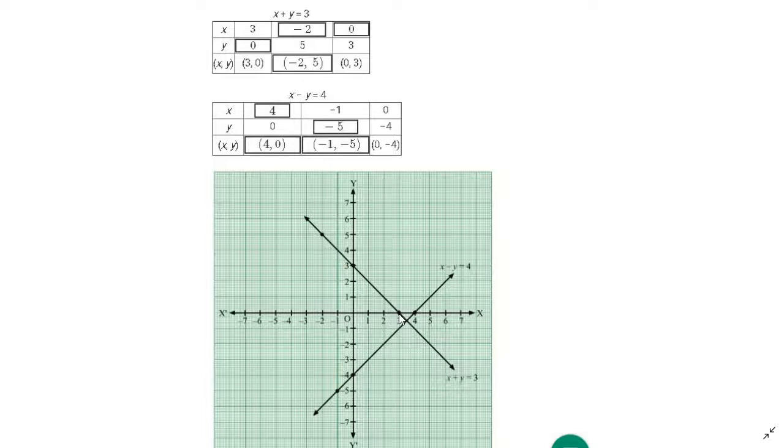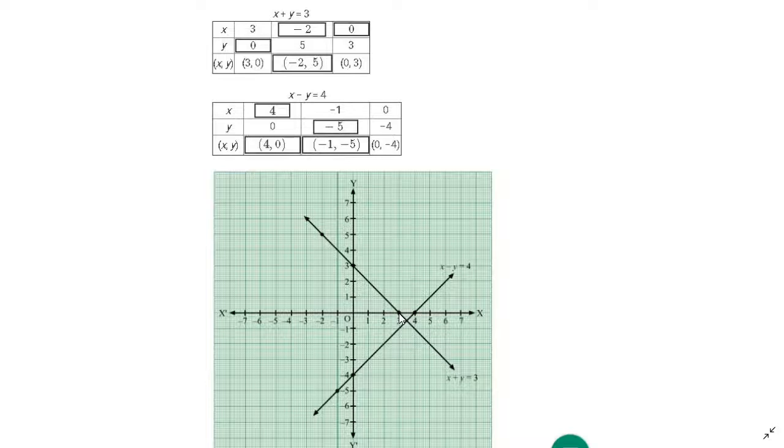So find the value of x equal to 3, then find the value of y. y is 0. 0 value is right here. So the point should be on the x-axis, because the value of y is 0, the point lies on the x-axis. The point I am showing here is x comma y is 3 comma 0. This is the first point.